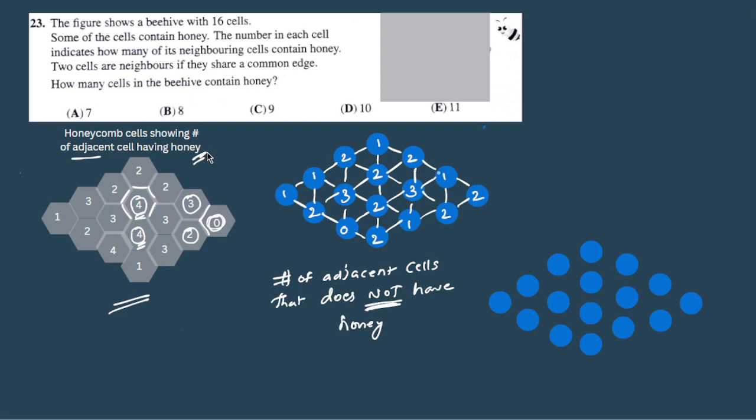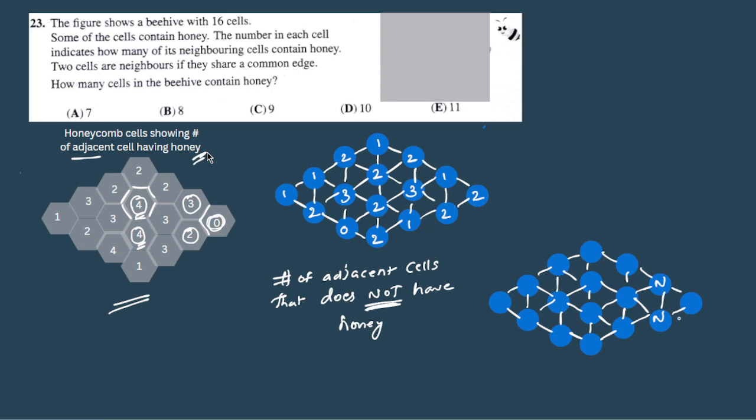I redrew this grid and joined all the edges to show the adjacent cells. So I'm going to put a no honey in both of them.